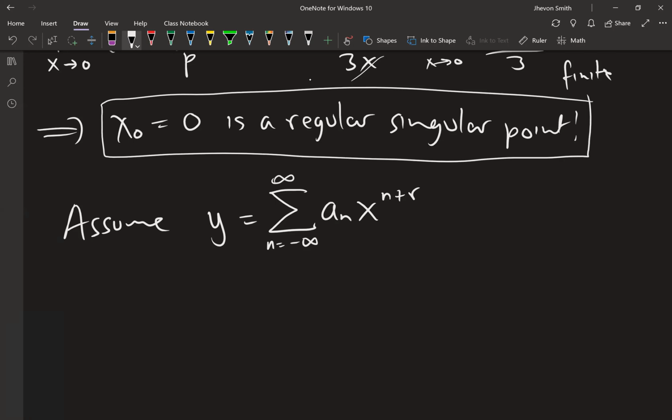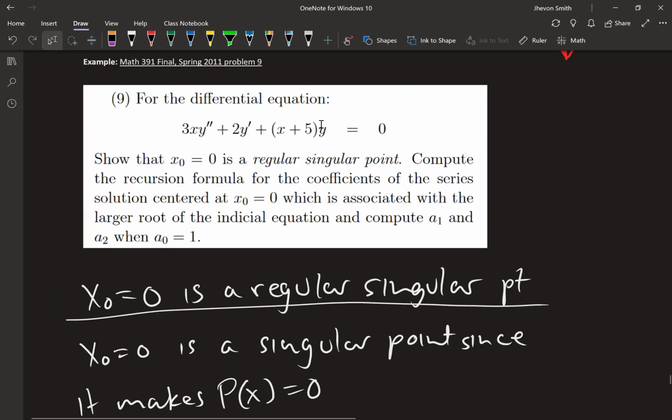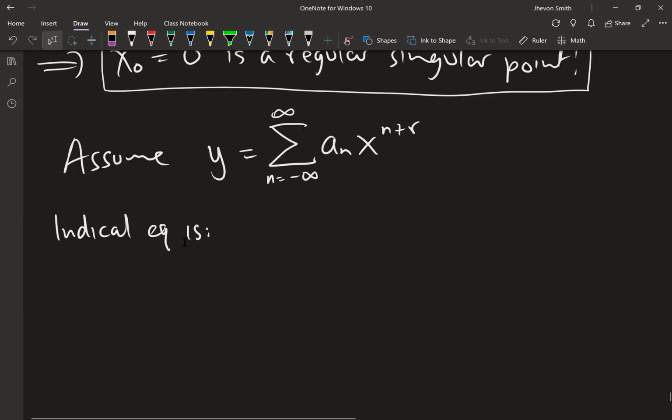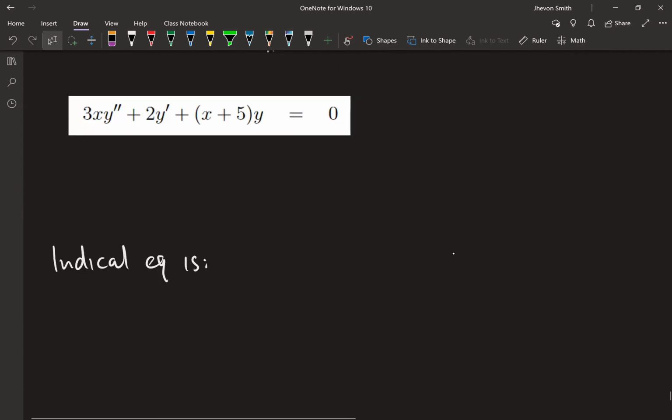And also we know that the indicial equation is, well, we go to our original equation. Since we have this, what we would do is multiply through by an x, because I want the first term to look like a quadratic.